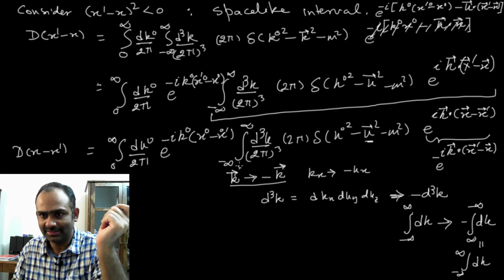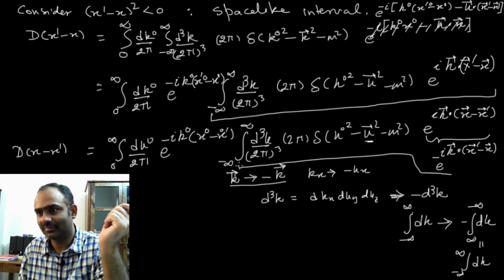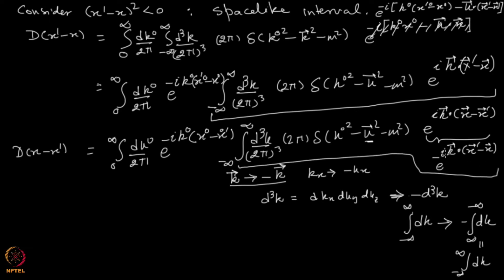So this piece will be identical because this will change. So let me write it down. You get 0 to infinity dk0 e to the I k0 x0 minus x prime 0 into a piece which is the same as above, same as this one.